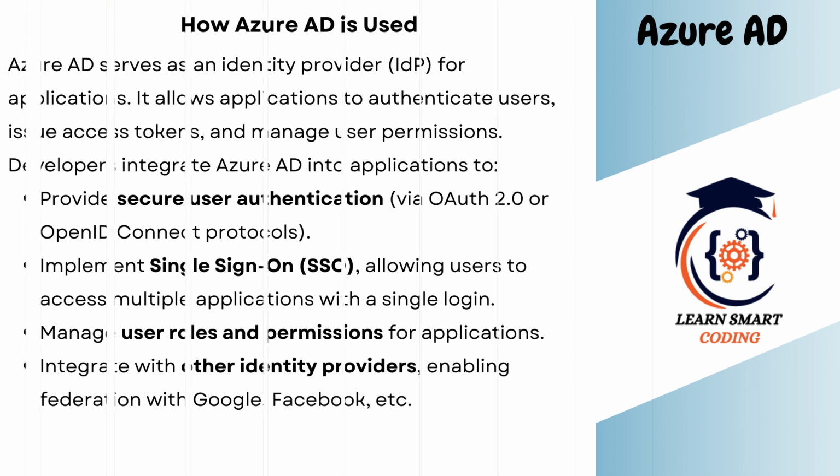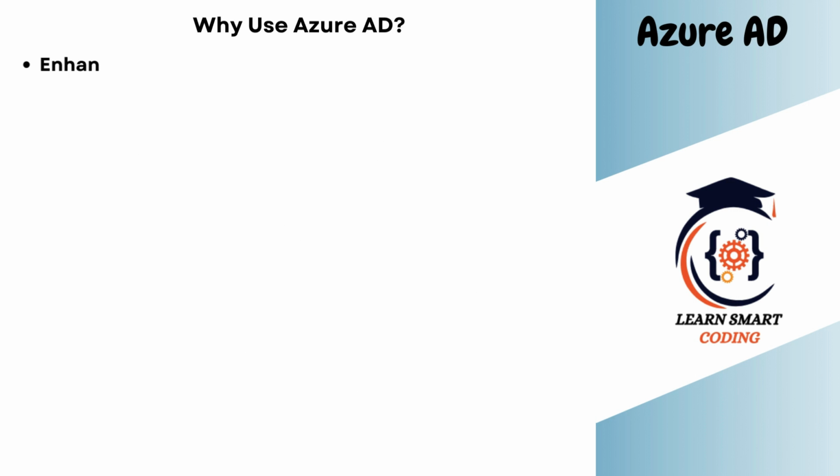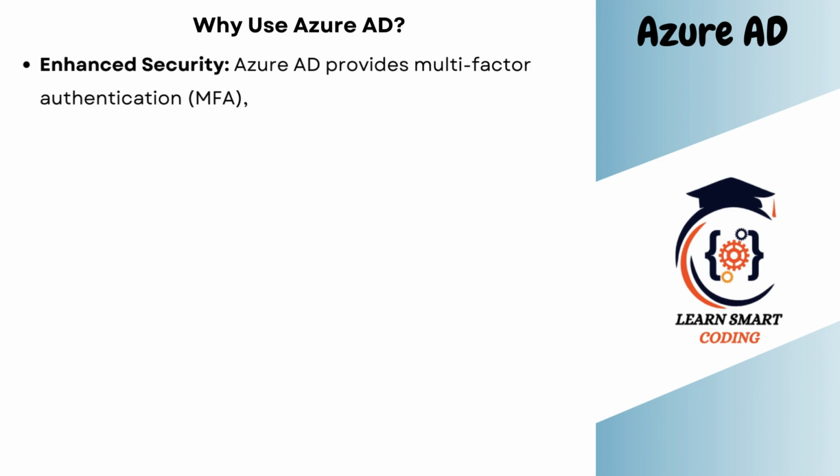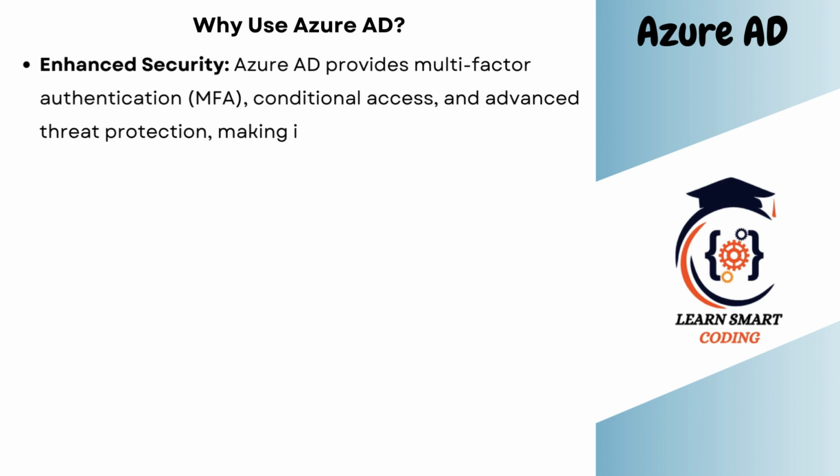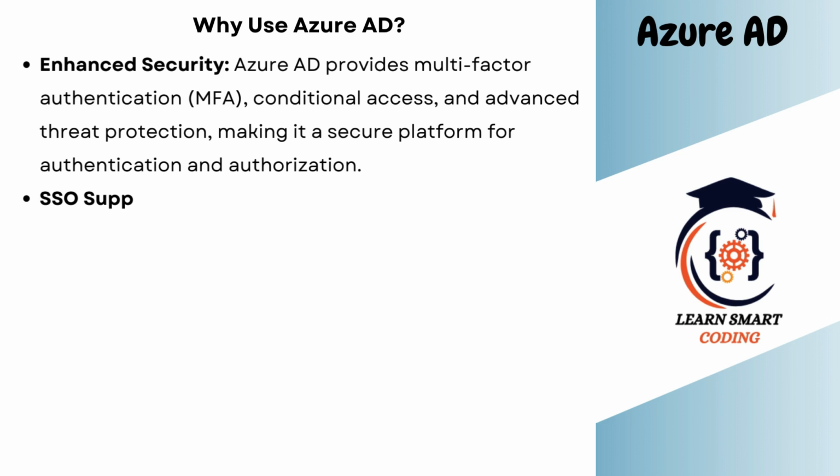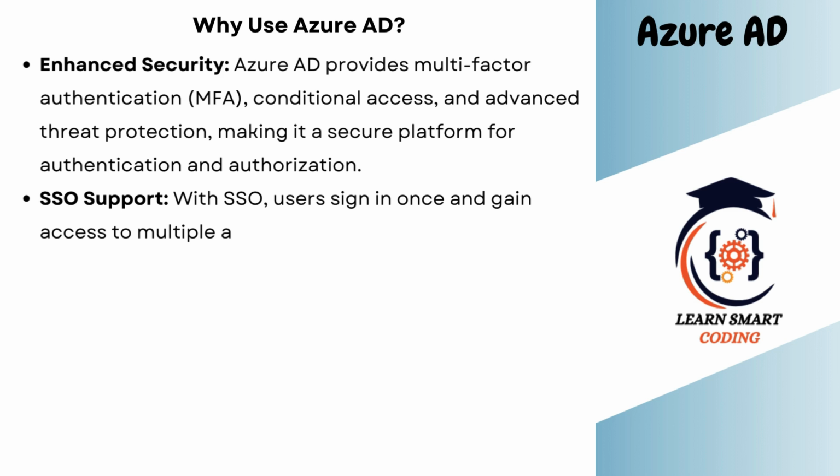So why Azure AD? Why not something else, right? So Azure AD has a lot of benefits. Enhanced security. Azure AD provides multi-factor authentication, which is also called MFA, conditional access, and advanced threat protection, making it a secure platform for authentication and authorization. It supports SSO.